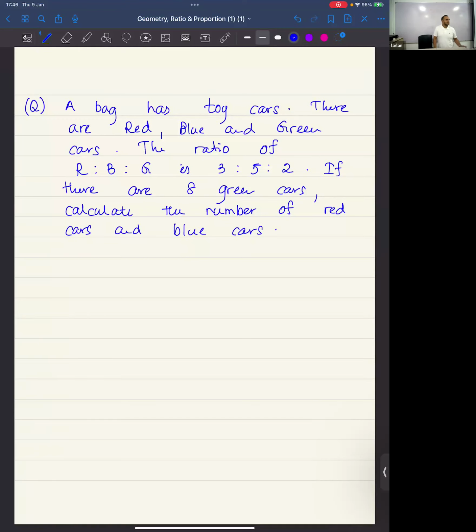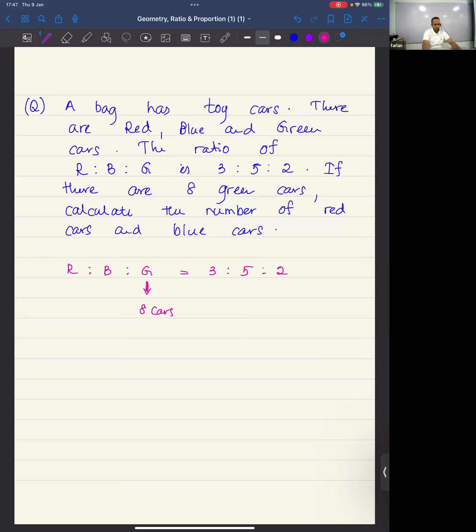What is the answer? Red to blue to green ratio is given 3 is to 5 is to 2. If there are 8 green cars, calculate the number of red and blue.